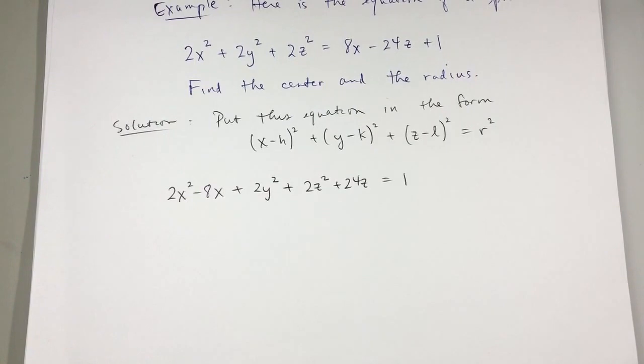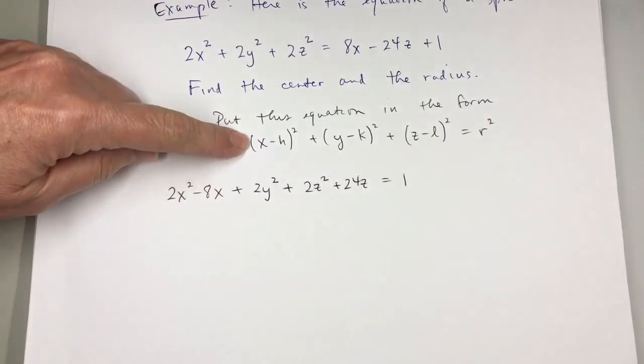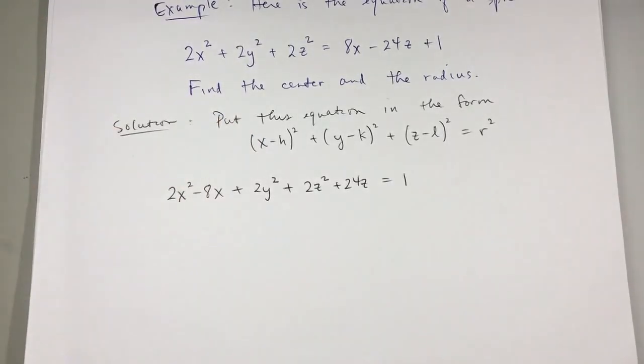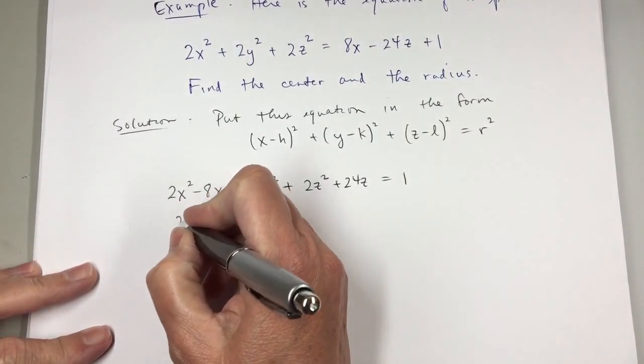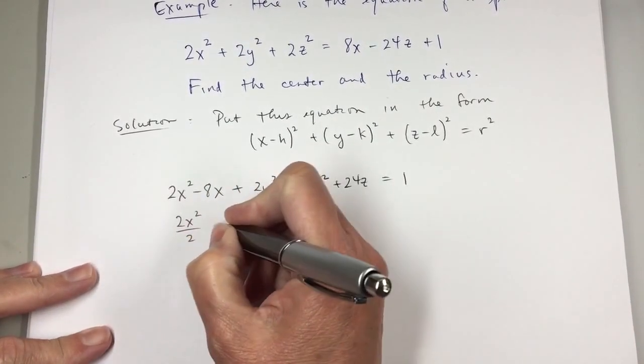This will be plus 24z equals 1. So from the 1, I will get the makings of r, although that's not r at this point. Something else about this problem: to get it in this form, I've got to do something about these 2's. What do you think? Divide everything by 2.